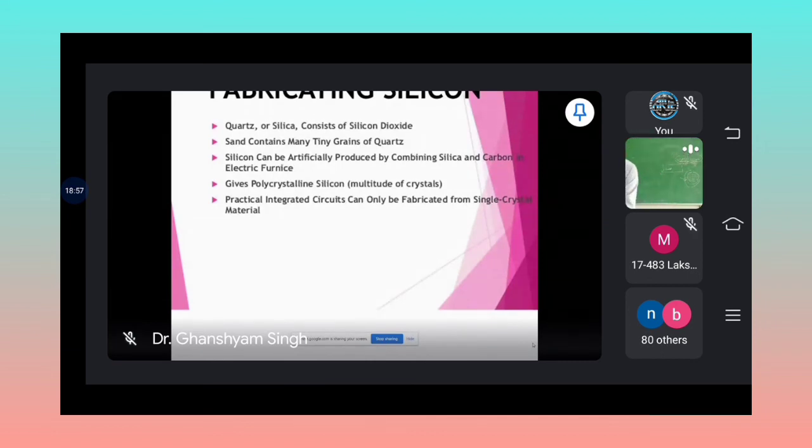The mask used for negative photoresist therefore contains the inverse, or photographic negative, of the pattern to be transferred. Only negative patterns are transferred on the surface.